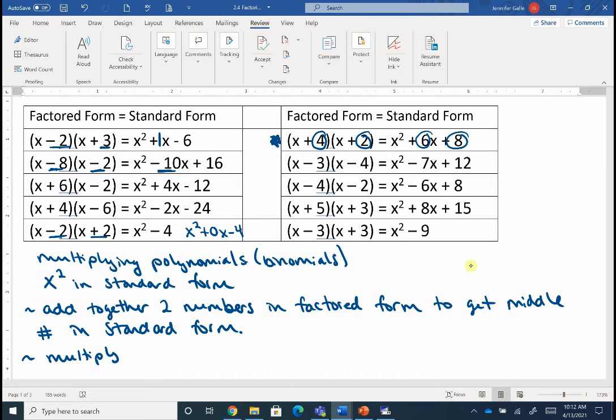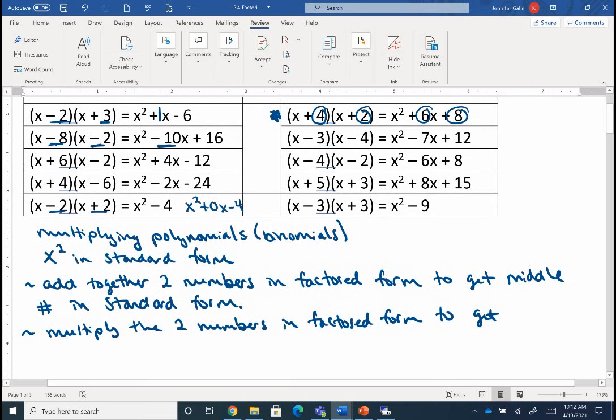All right. So multiply the two numbers in factored form to get, we'll just say the last number, to get the last number in standard form.